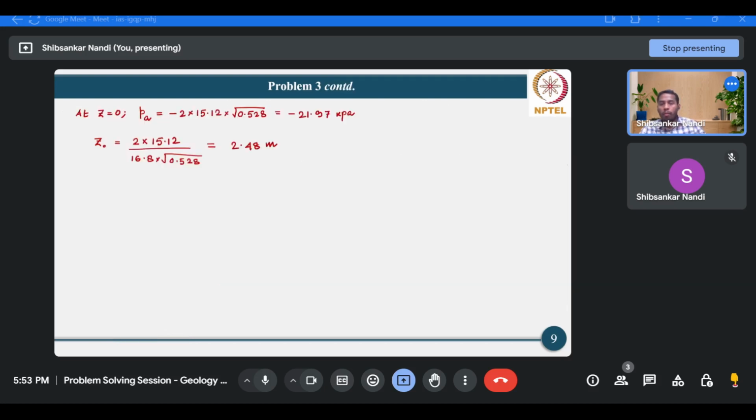Now we have to calculate the value of active earth pressure at a depth of 5 meter.